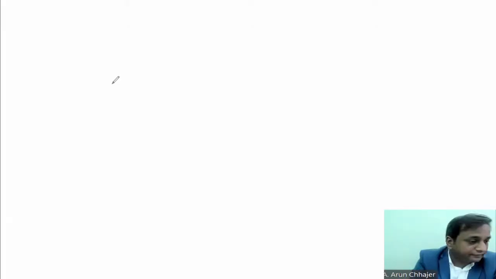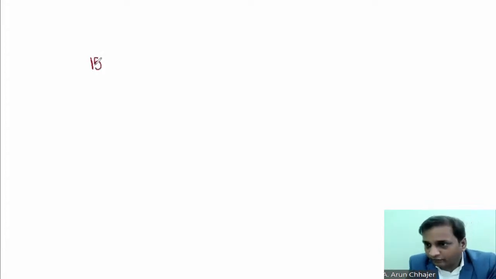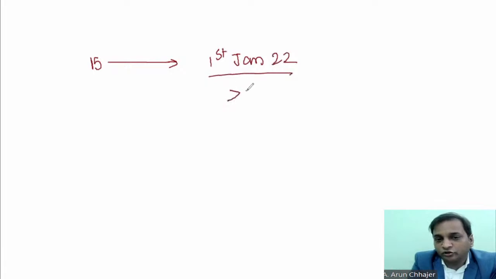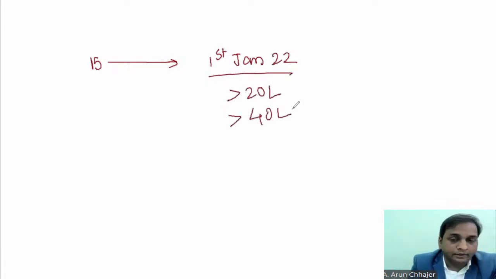Suppose my turnover is 15 lakh right now, I'm not required to take registration. On 1st January 2022, my turnover crossed the threshold limit, either 20 lakhs or 40 lakh, whatever the case may be. I need to take registration.